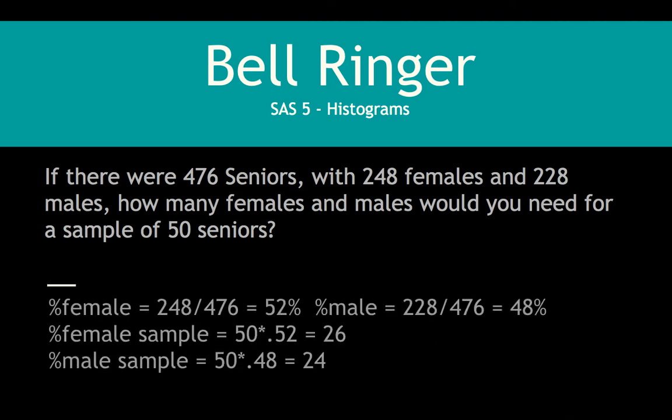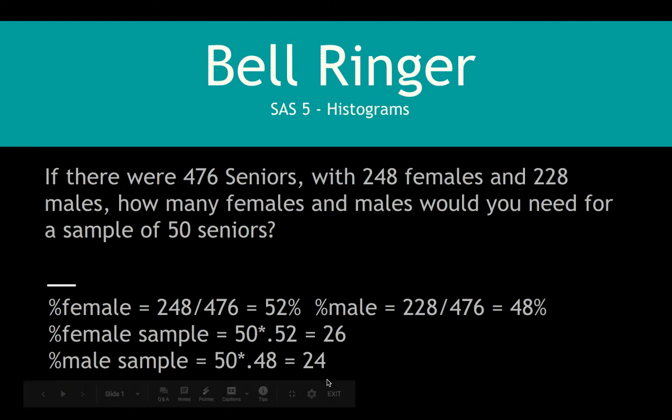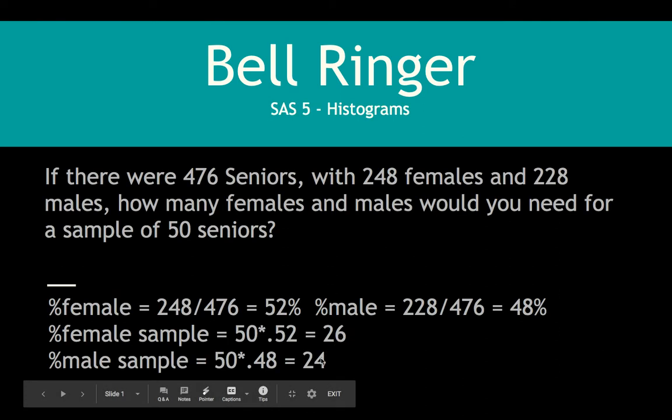So you take 248 and divide by 476, and you get 52%. On the males, you take 228 and divide by 476, and you get 48%. Multiply those decimal equivalents by 50, and you get 50 times 0.52, which is 26, and 50 times 0.48, which is 24. And you know it's right because if you add them together, you get 50. 26 plus 24 does equal 50.